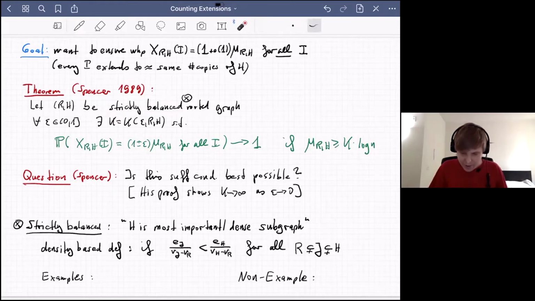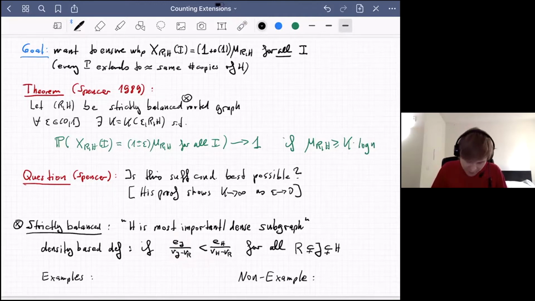There's an analogous definition you can make for rooted subgraph counts, just that in this case, you take the ratio of the number of edges divided not by the number of vertices, but by the number of non-root vertices. Then the graph H is strictly balanced for rooted subgraph counts if the graph H itself maximizes this notion of density. But the precise definition for the purpose of this talk is not so important. The main message is that nice graphs are strictly balanced.